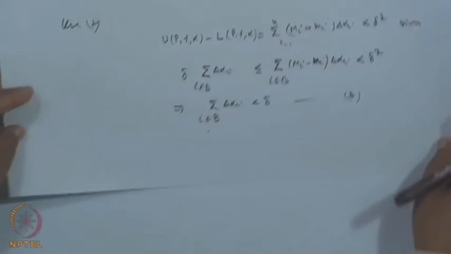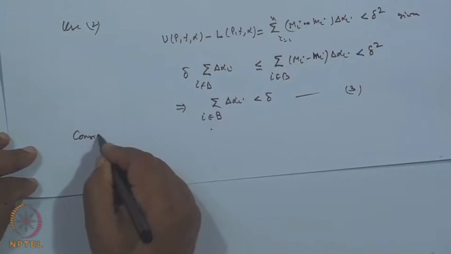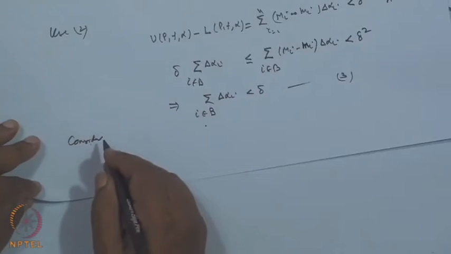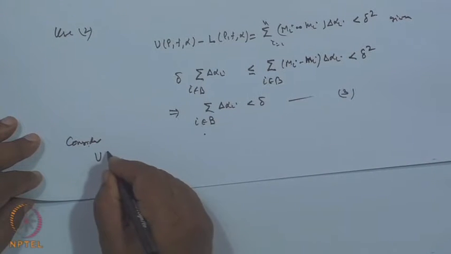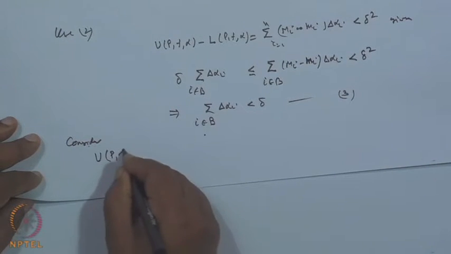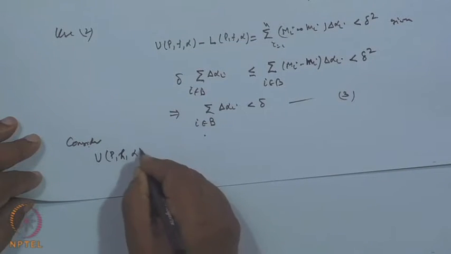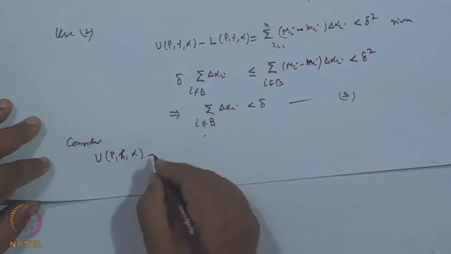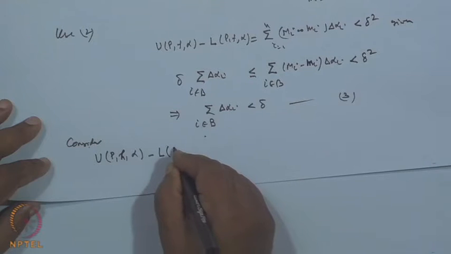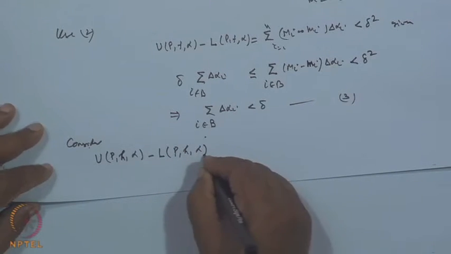Now consider the upper sum of the function h with respect to alpha minus the lower sum of h with respect to alpha.